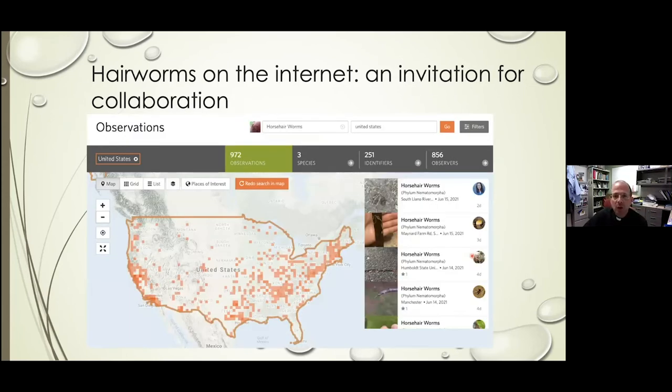If you go on iNaturalist, for example, and search for horsehair worms, there are 972 examples so far. This is just a couple of days ago, and there might be more on there. They'll have the picture of the worm, some identification, the location, and the date that they made the observation.